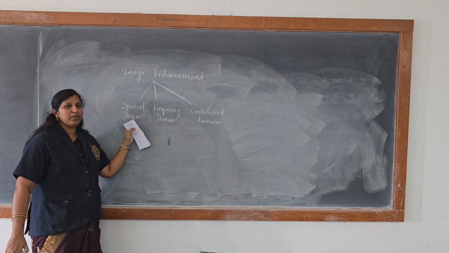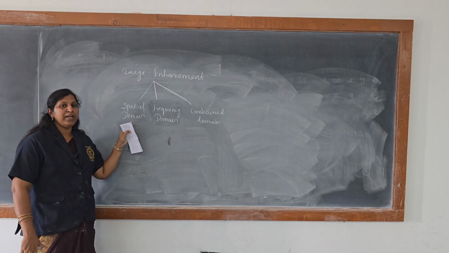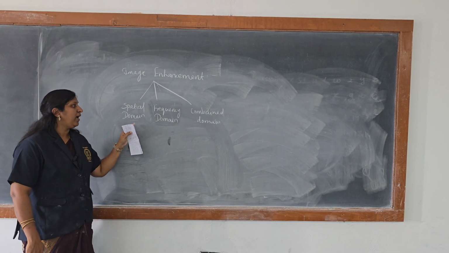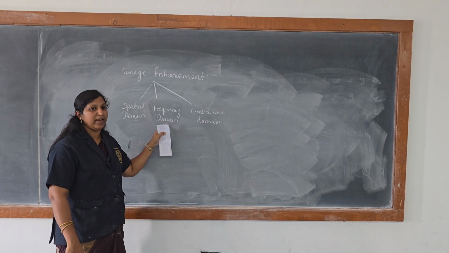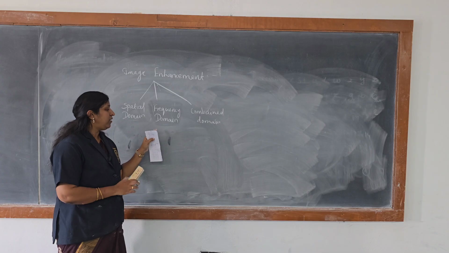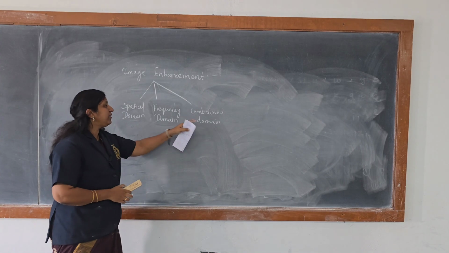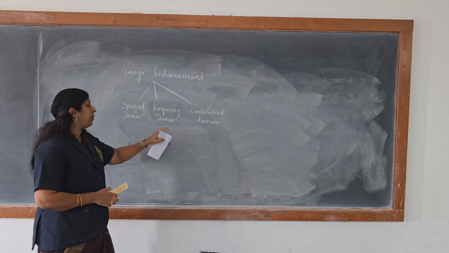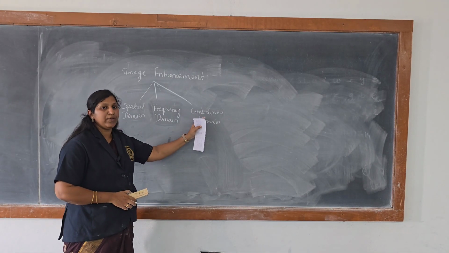So in the first domain, we are dealing with each and every individual pixel transformation, and in frequency domain, what we are doing to enhance the image is some Fourier transformation over the overall image. And the third method, that is combination domain, uses both spatial and frequency domain.